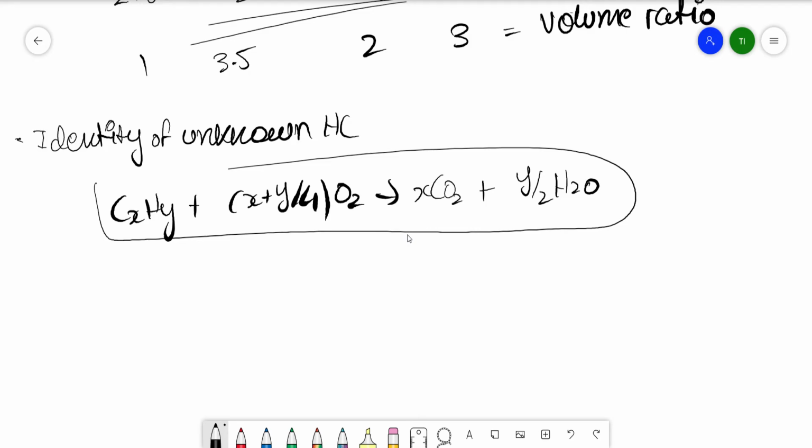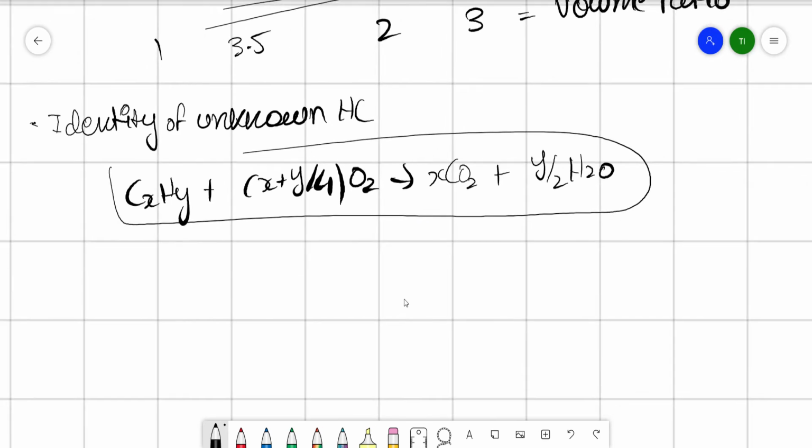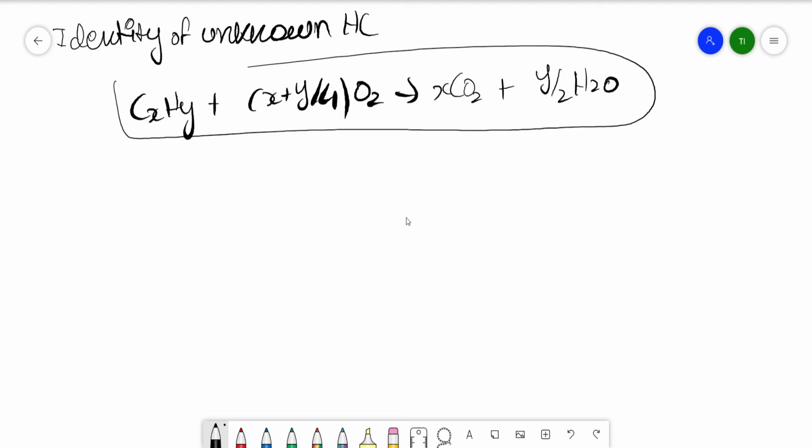So let's take a simple example. First we'll take a simple example, and then we'll take a past paper question.